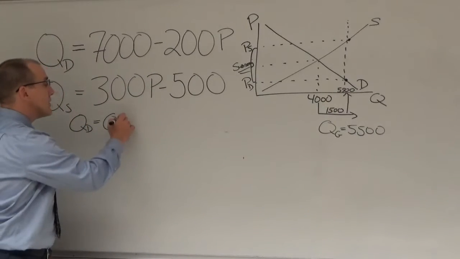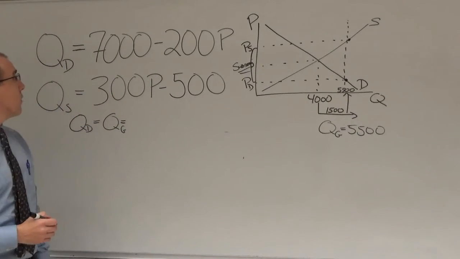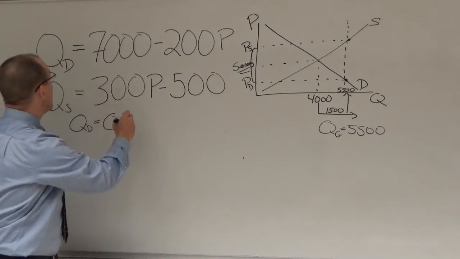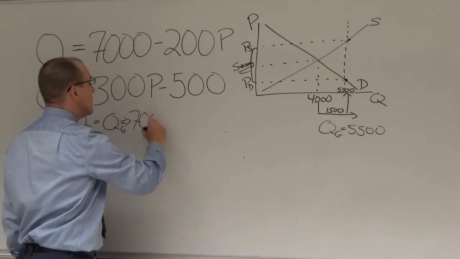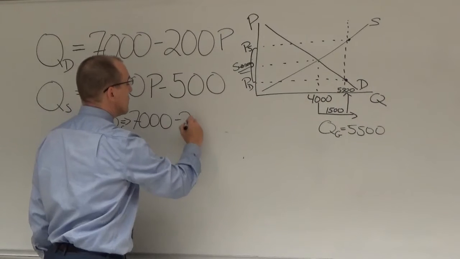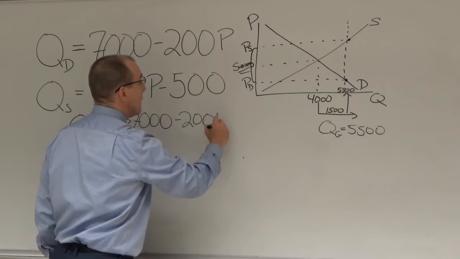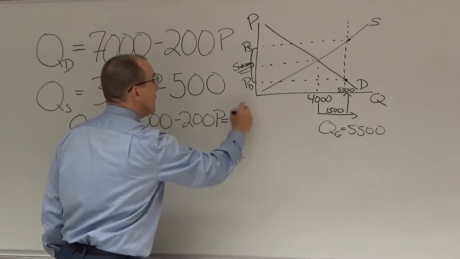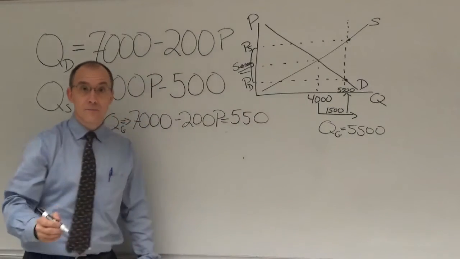If we're going to set our quantity demand equal to our quantity goal, that will look like 7,000 minus 200p equals 5,500.